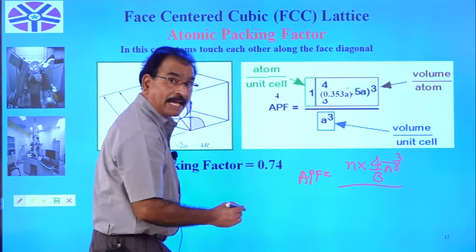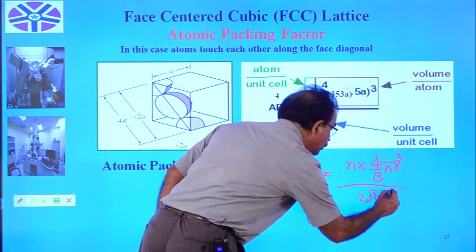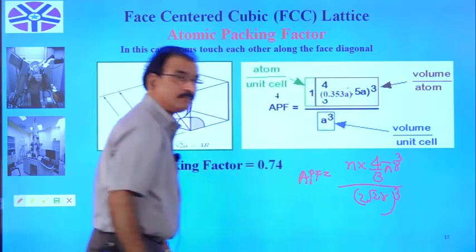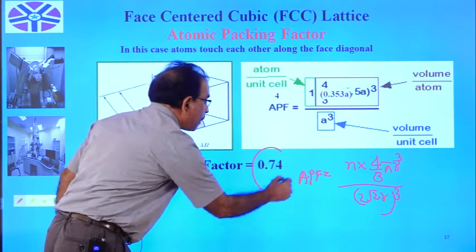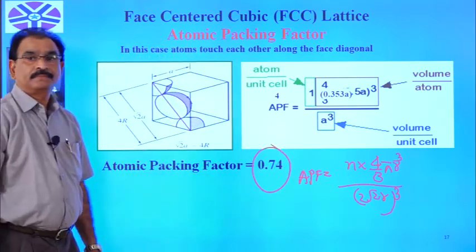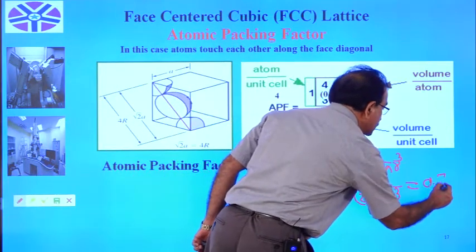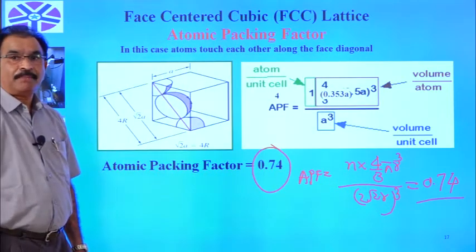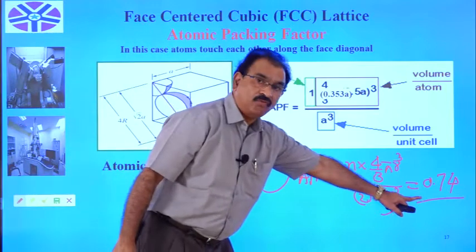In place of A, I am substituting 2 root 2 R whole cube. If you simplify this, you will get this value, that is nothing but 0.74. So, atomic packing factor of face center cube is 0.74.